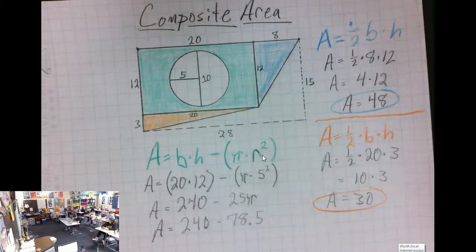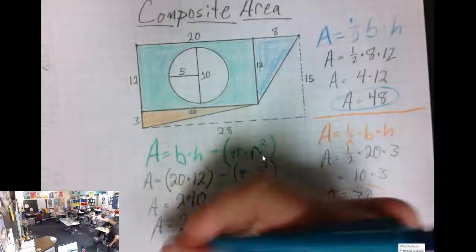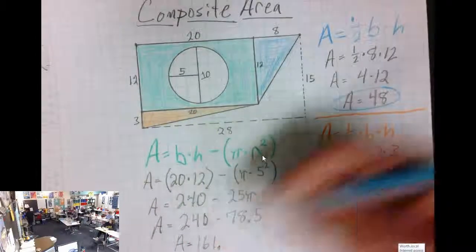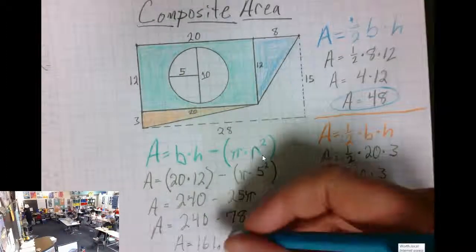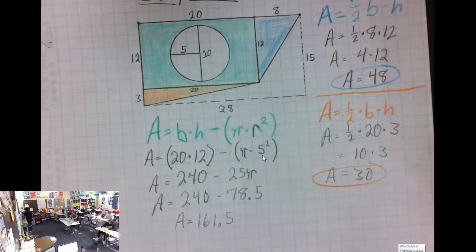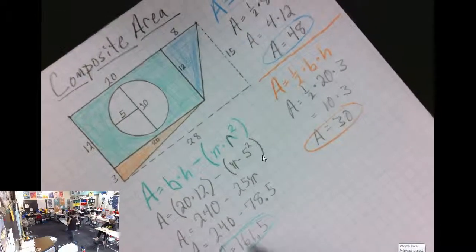So now when I do this subtraction, what's the area of just that turquoise region? 161.46. Okay, so if we rounded, this would be 161.5, right? Now that's turquoise, like at the end, right?